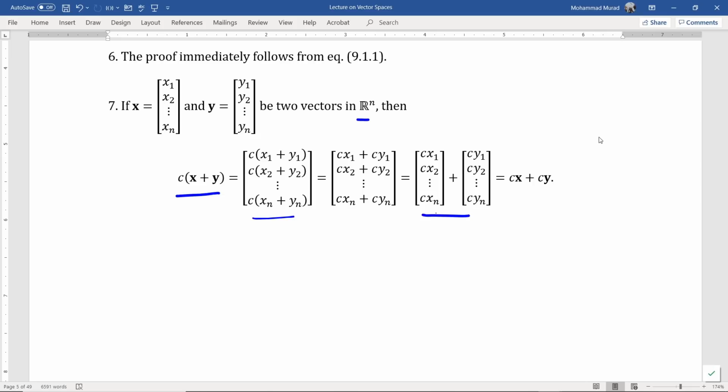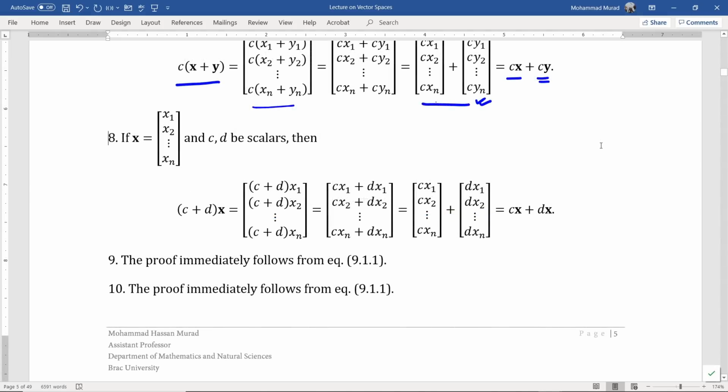And we observe that the first vector is none other than the vector cx, and the second vector here is none other than the vector cy. So we proved that the scalar c distributes over the vectors. This is called the distributive property.